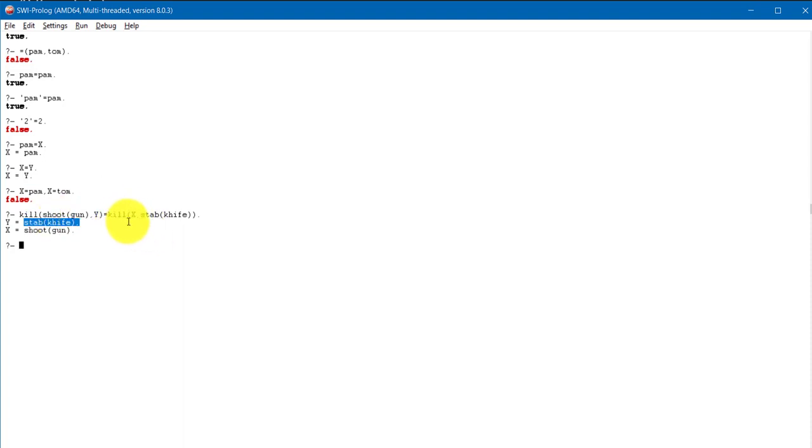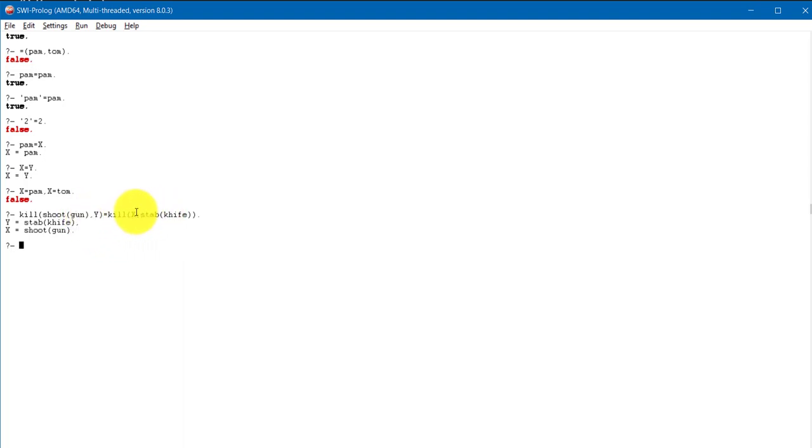Now the right hand side functor is again kill. That means the functor name is matching over here. And if we instantiate x with shoot gun, that is what Prolog did as well. So this will become kill, shoot gun, and then stab knife. So by initializing these x and y values, these two become the same because the functor name is the same. It has two arguments, right? There are two arguments over here, and the corresponding arguments are the same.